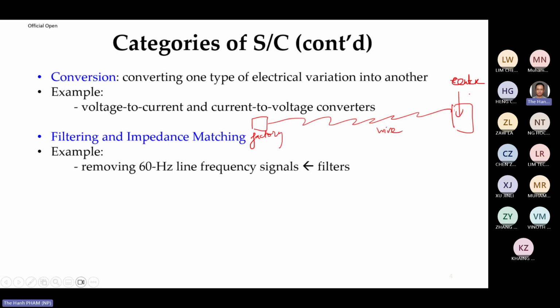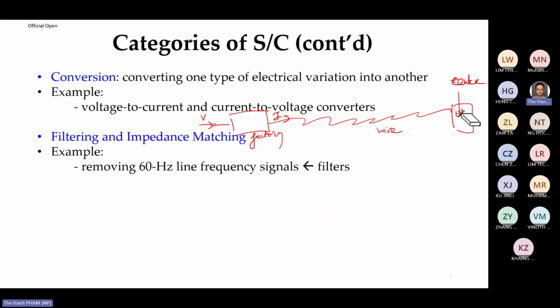At this point, for example, you have voltage. If you transmit voltage over a long distance, the voltage will be attenuated. But if you have current, then the current will not be attenuated. So you convert from voltage to current, and the current can flow over a long distance.